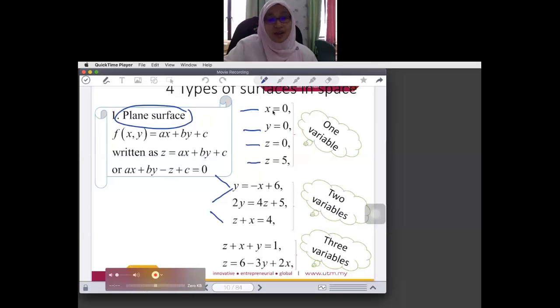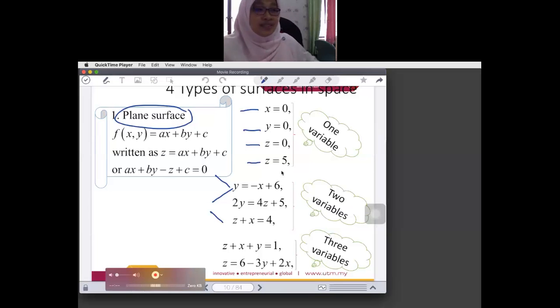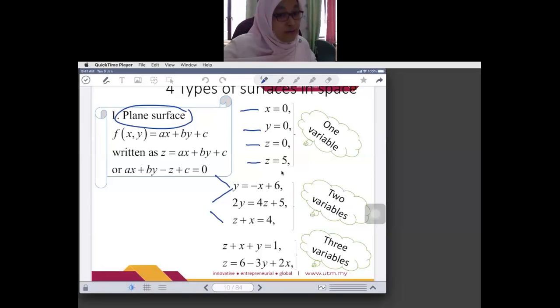You will say that x equal to 0 supposedly is a line, which is the y-axis. Do you agree with me? Yes, you are correct, but that one is on 2D. Now we are talking about 3D, so the graph is not the y-axis.